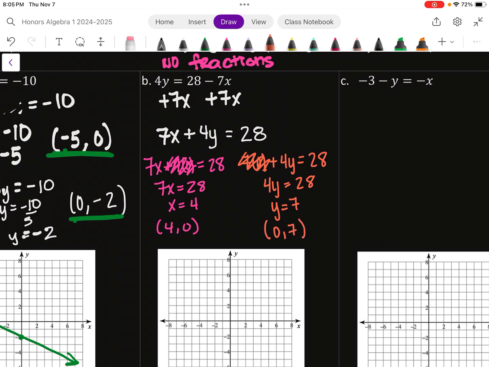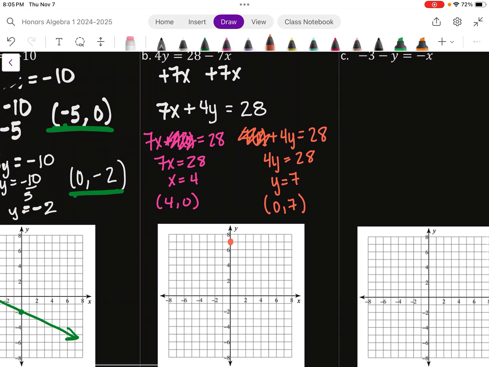We express it as an ordered pair. So I have (0, 7) as my y-intercept, and (4, 0) as my x-intercept.